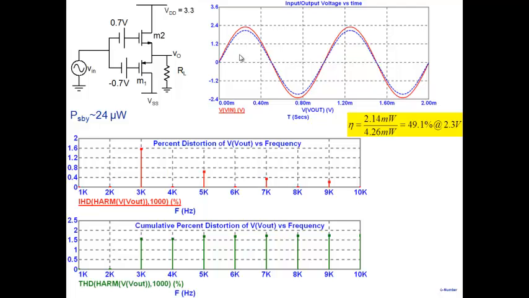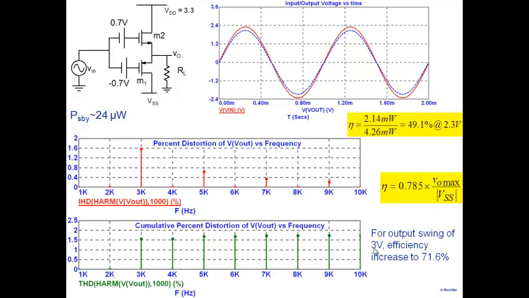Efficiency rises with the voltage that you drive. If I drive it stronger, up to 3 volt, efficiency climbs up to 71.6%. It doesn't go to 78.5 because V0 max is not equal to 3, and because there's standby power and all that. So that's what we end up getting.